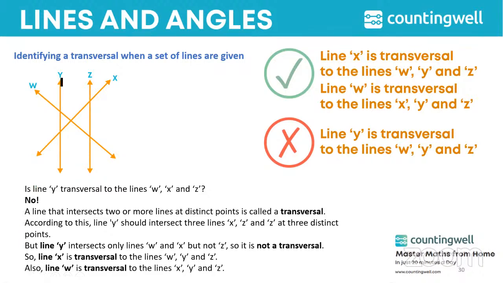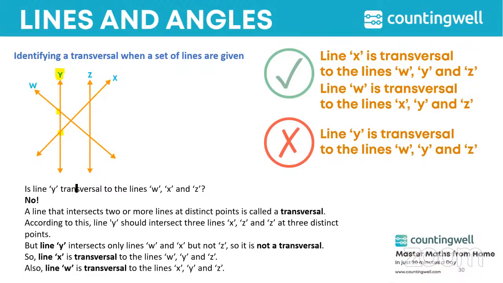Let us check whether XY is transversal to the lines W, X, and Z. No. Because here Y should intersect the three lines X, Z, W. This is the first condition, and it should intersect at three distinct points. But note that Y is intersecting only W and X, but it is not intersecting Z.